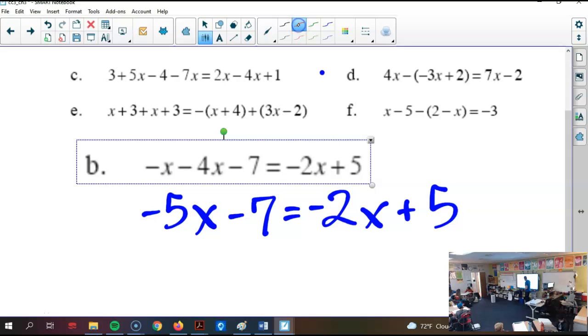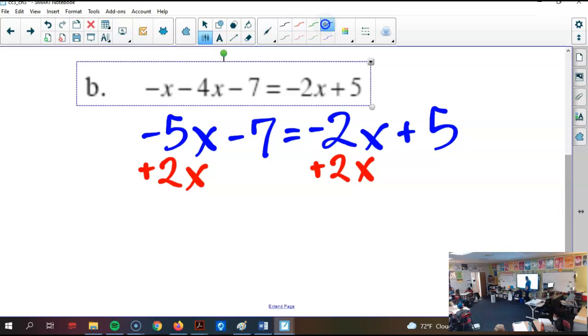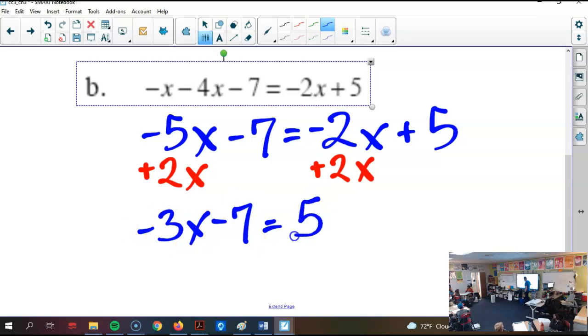And then you said we add 2x. Sure. Now, if we added 5x, I could get my variables to become positive, but it doesn't really matter. Remember, these are all right ways. We're trying to get to the same destination. So this stays negative. Not amazing, but it's fine. What do I do now, Spencer?